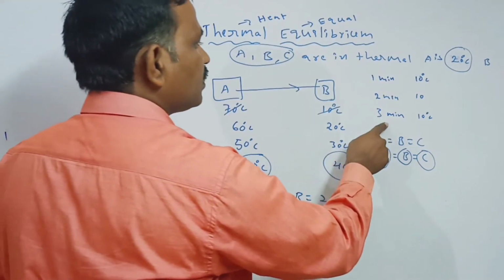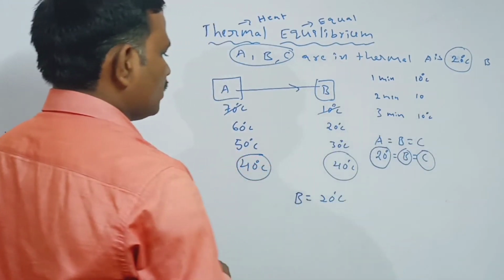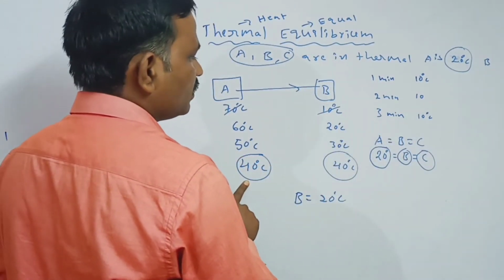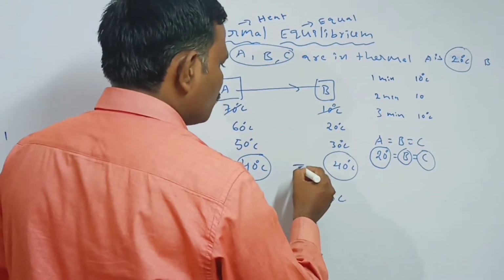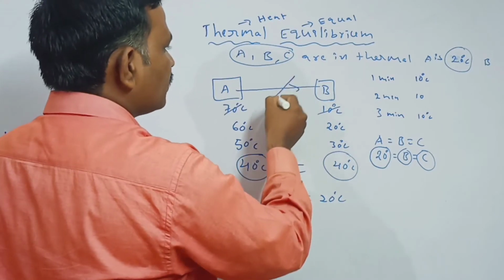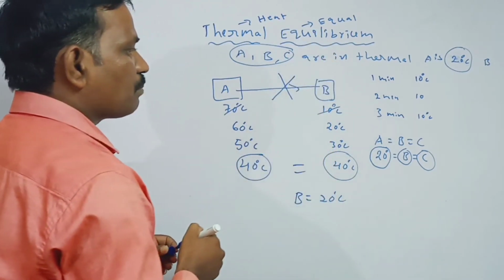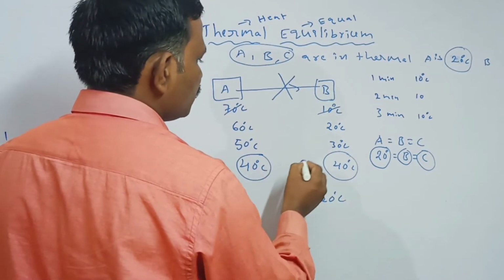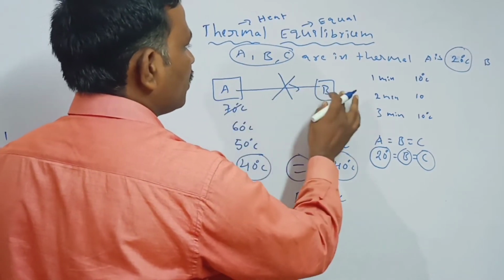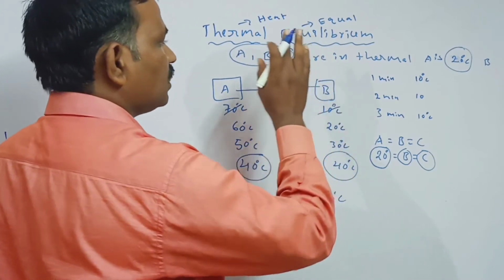In the third minute also 10 degrees Celsius is transferred, then A's temperature becomes 40 and B's temperature becomes 40. When both the objects acquire the same temperature, the transfer of heat energy stops. In this case, we can say that object A and object B are both in thermal equilibrium.